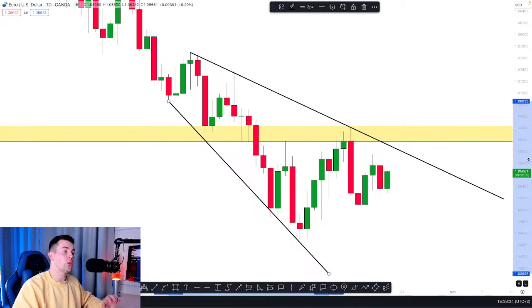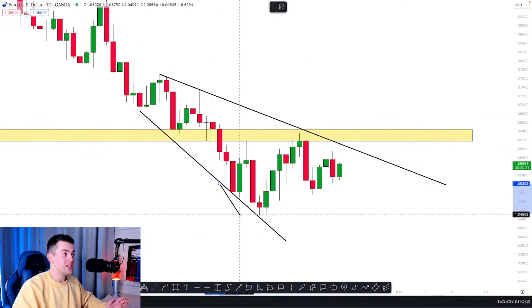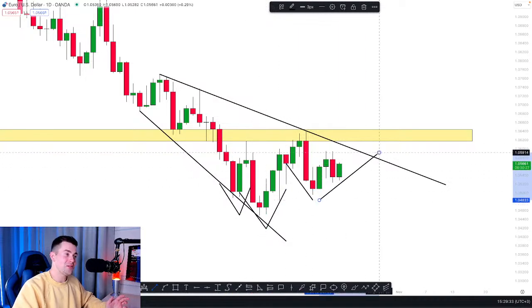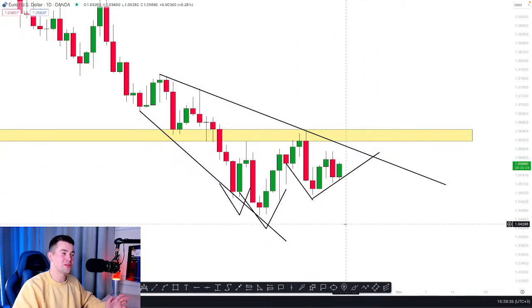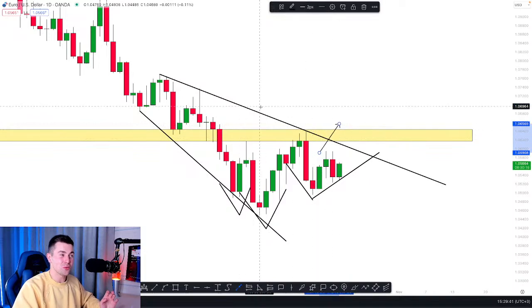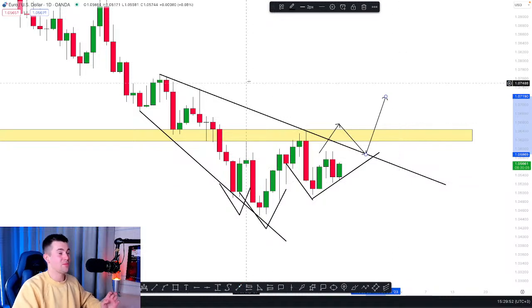So we also have the expanding wedge, and the potential head and shoulders pattern within the boundaries of that wedge. And a bullish breakout of the neckline of the head and shoulders will also confirm the breakout of the resistance of that expanding wedge.